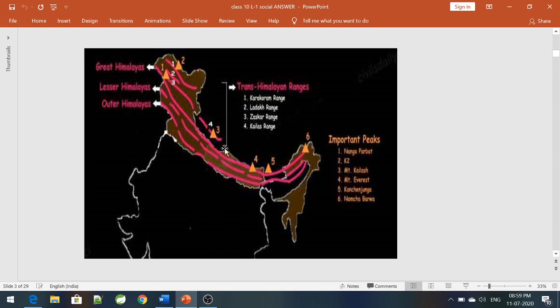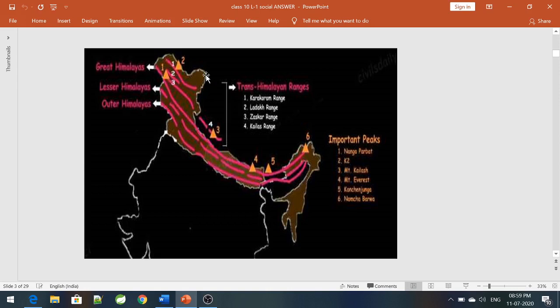If it was not there, then the cold winds from the northern hemisphere would have come here, and the land would be ice freezing, and there would not have been life and no vegetation, nothing. And thus, because of these Himalayas, we have a milder condition here, and they act like a barrier.